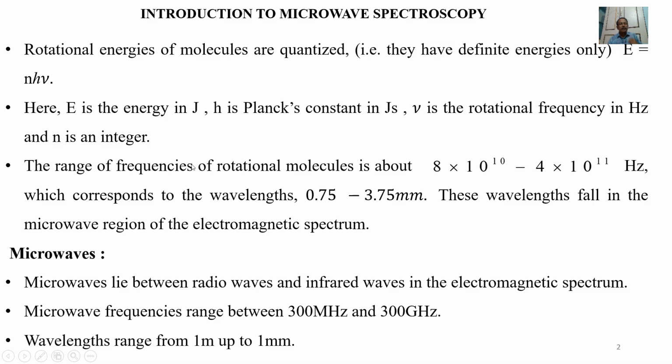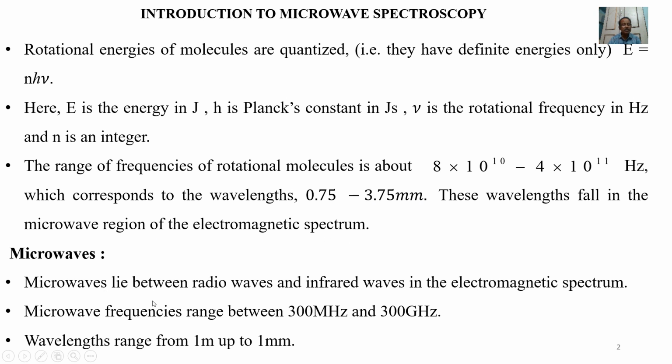The range of frequencies of rotational molecules is about 8 x 10^10 to 4 x 10^11 hertz, which corresponds to wavelengths of 0.75 millimeter to 3.75 millimeter. These wavelengths fall in the microwave region of the electromagnetic spectrum.